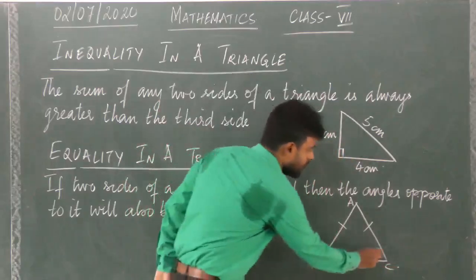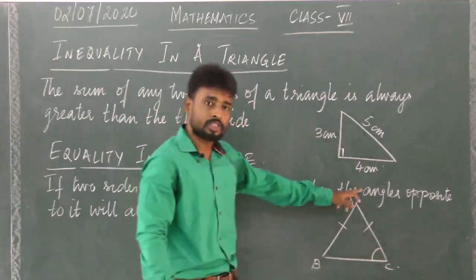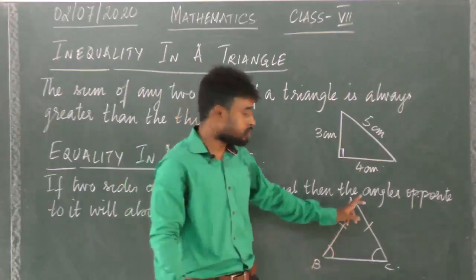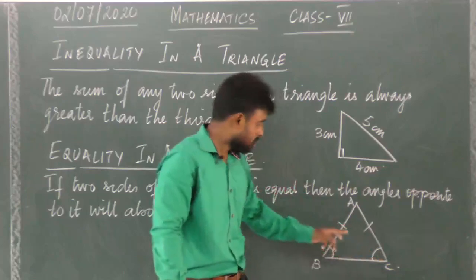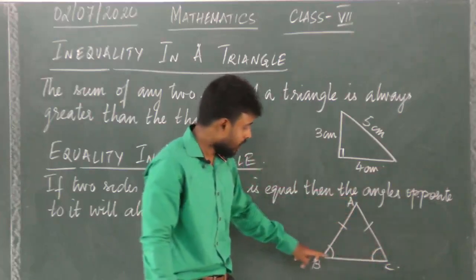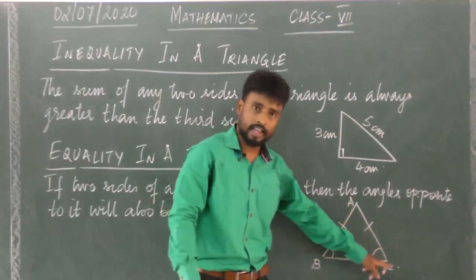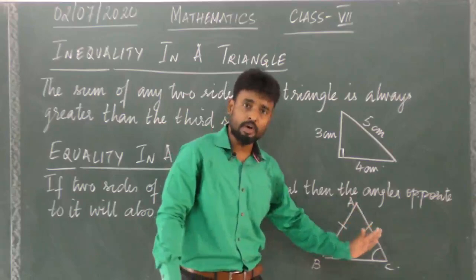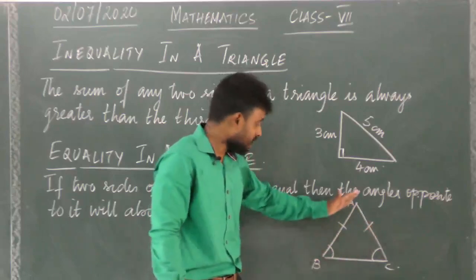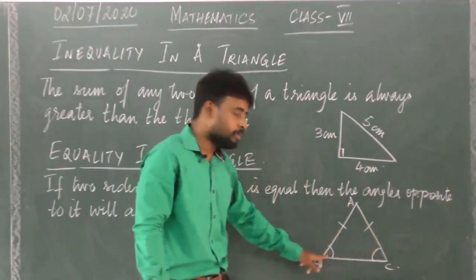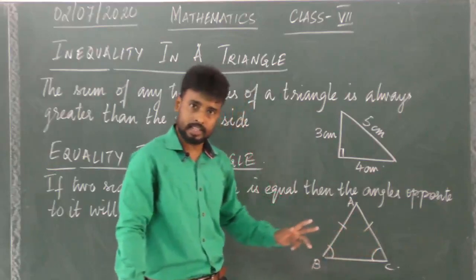Angle C here is opposite to side AB, and angle B here is opposite to side AC. I repeat, angle C is opposite to side AB, and angle B is opposite to side AC. Since AB is given equal to AC, angle B will also be equal to angle C.